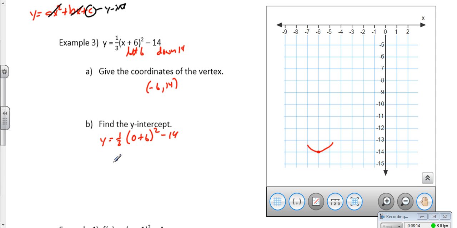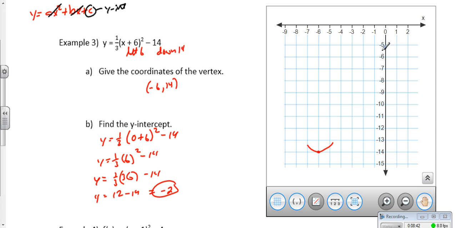If we do that, we get y equals 1/3 times 6 squared minus 14. Y equals 1/3 of 36 minus 14. So 36 divided by 3, or times 1/3, is 12, minus 14, and that's -2.